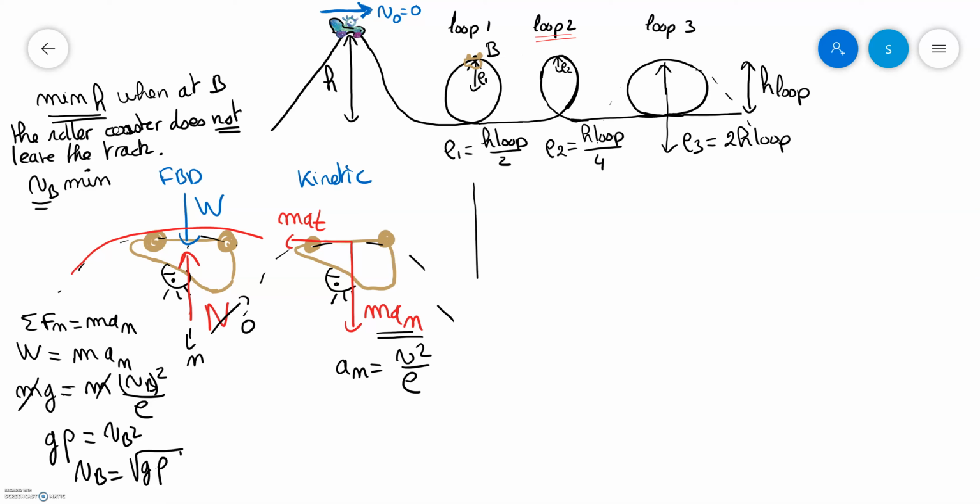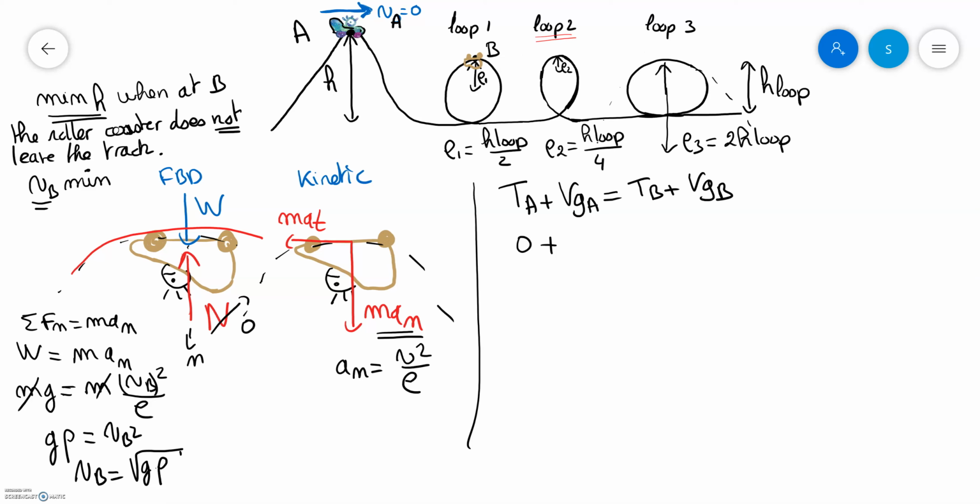So that's the first step. Now let's use the conservation of energy. At point A, TA plus VgA, the potential energy from gravity, is equal to TB plus VgB. We say that v0, or VA, equals 0, so this is 0, plus VgA.